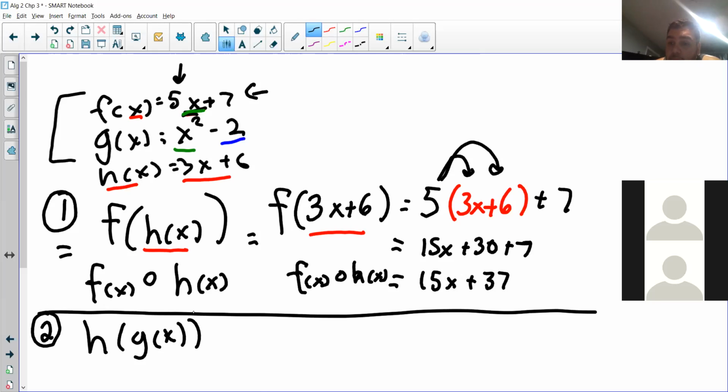So h of g of x means I'm going to first replace this g of x with whatever g of x equals. So my first step is going to write h of whatever my g of x is, x squared minus 2.